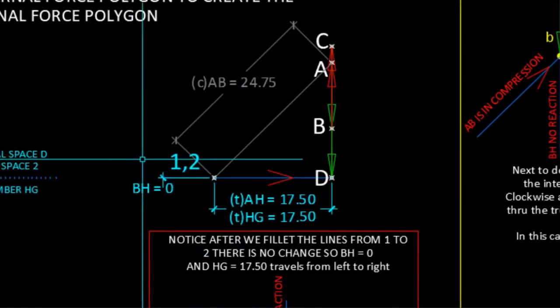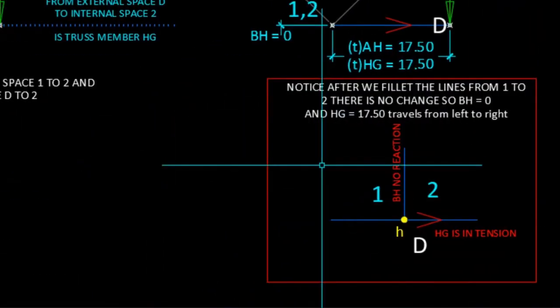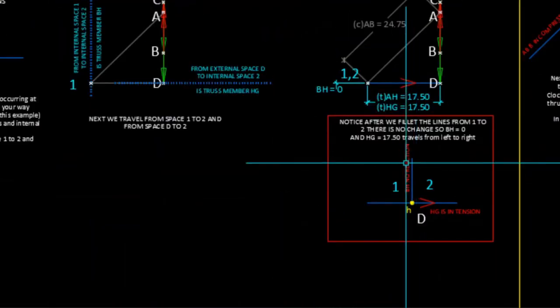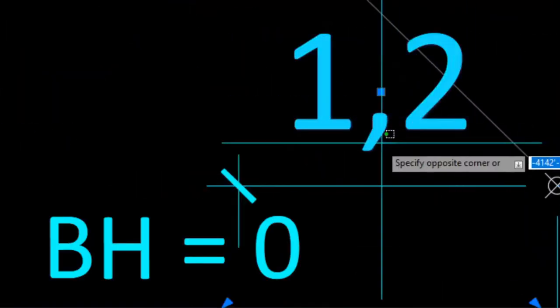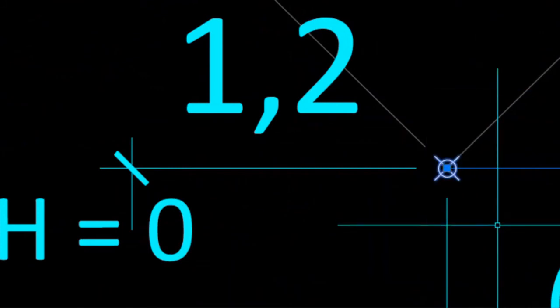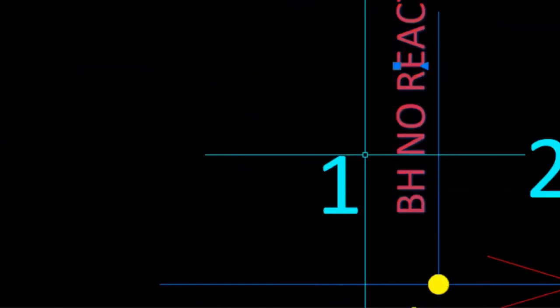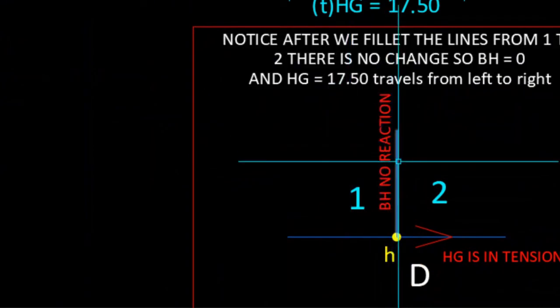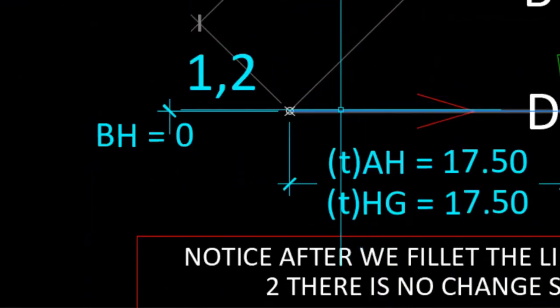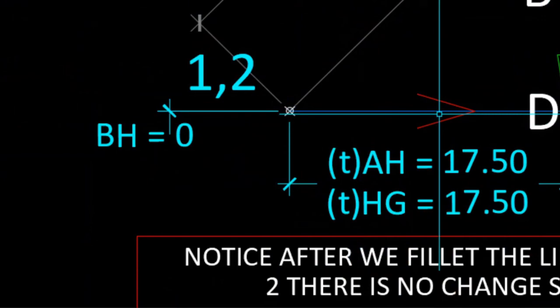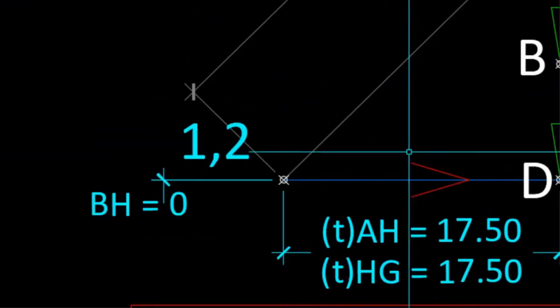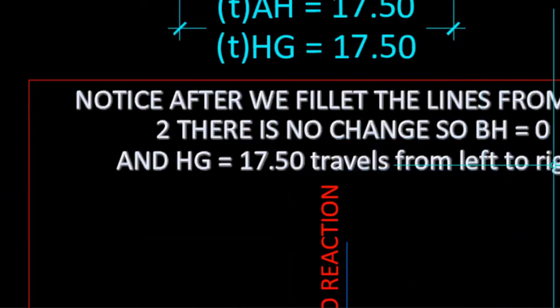What does this mean? This means that between space 1 and 2, because they are in the exact same location, there is no reaction. So there's no force reaction here. And between spaces 2 and D, we have the directional arrow going to the left.